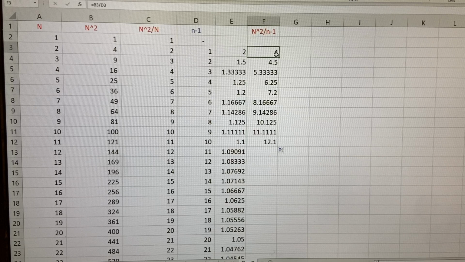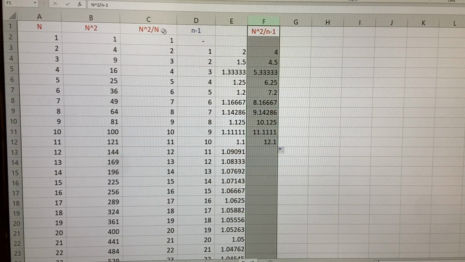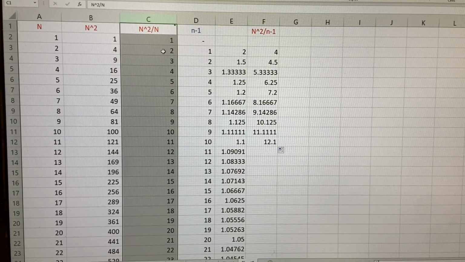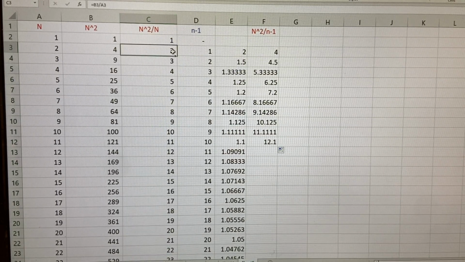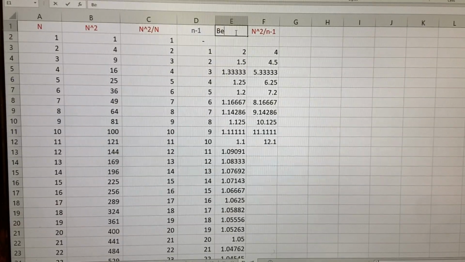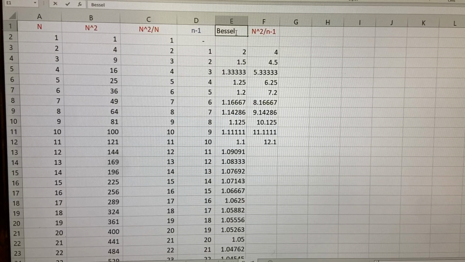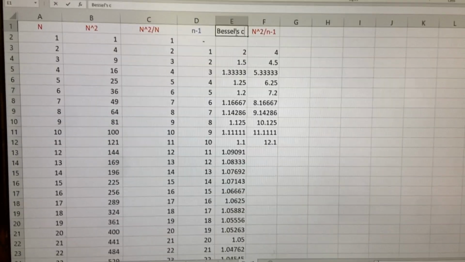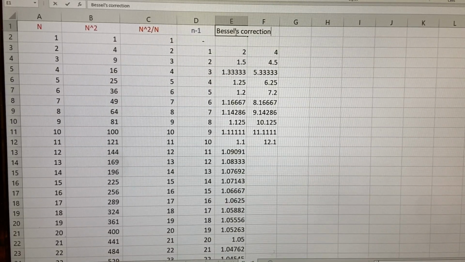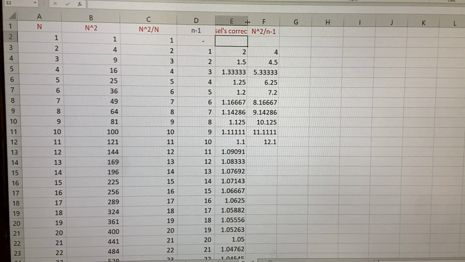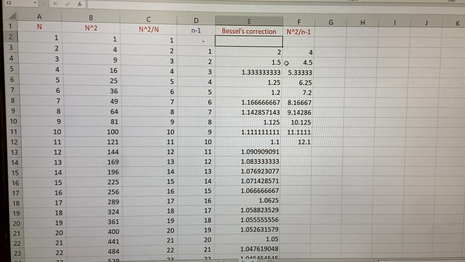So these numbers here in column F will be higher than these ones here in column C. So instead of 2, we have 4. And this is Basil's correction here. Maybe an apostrophe there would be nice. Basil's correction.